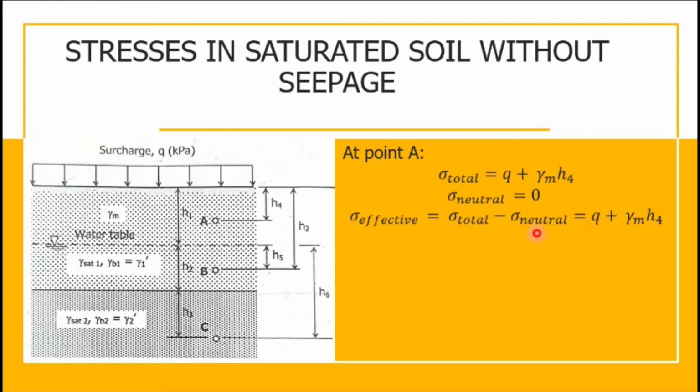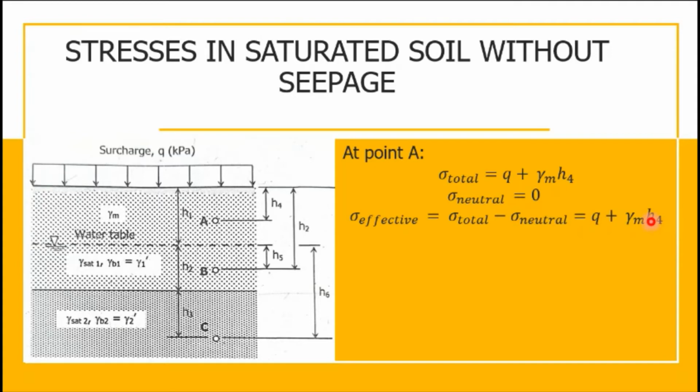So effective stress here is equal to Q plus moist unit weight times H sub 4 minus 0. That's why this will just be equal to Q plus moist unit weight times H sub 4.